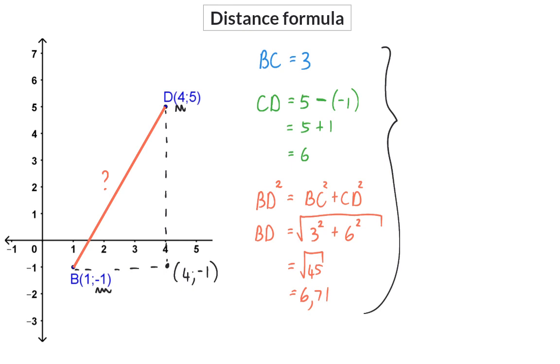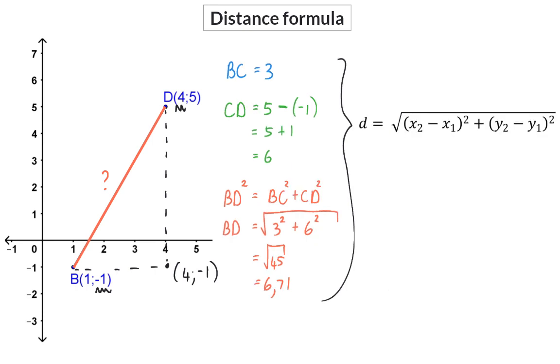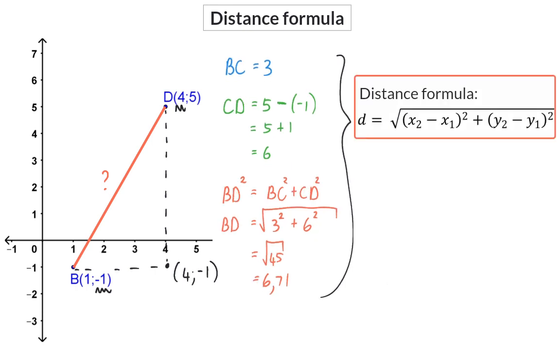Luckily for us, all of this is already put together in one formula called the distance formula. Here you can see that they are making use of the theorem of Pythagoras. The first bracket inside the root is the horizontal distance between the two x values of 1 and 4.